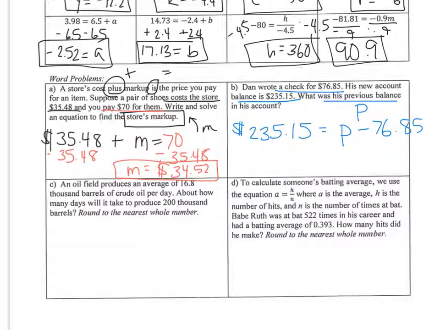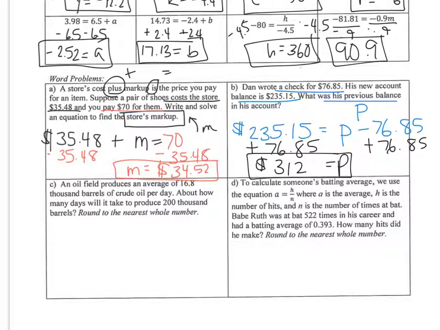So now we're going to add $76.85 to each side. And that's going to be how much money he had in his account initially. So do 235.15 plus 76.85, and you're going to get $312 is what he had. So he had $312, and then he wrote a check for $76.85, so he ended up with $235.15.